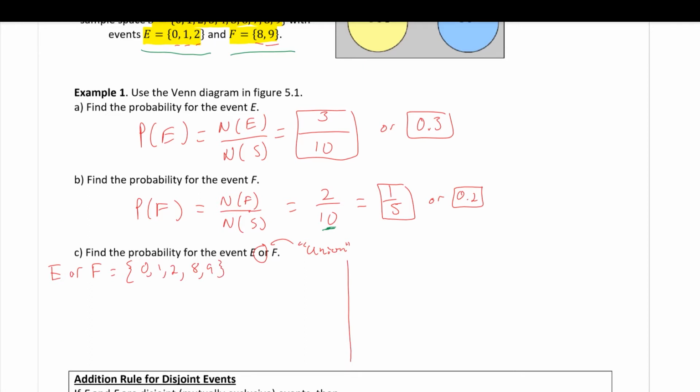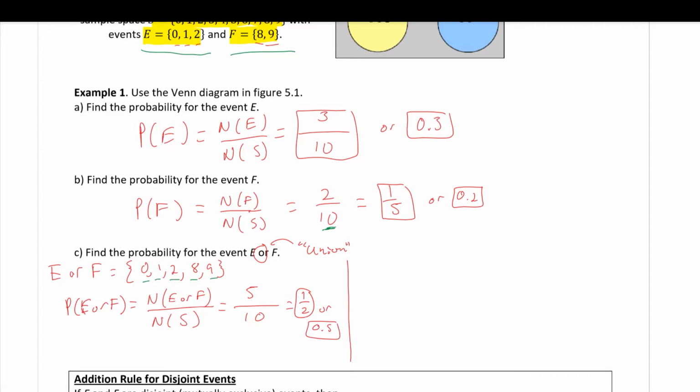And if we're looking for the probability of E or F, well, that's the number of elements in E or F over the number of elements in our sample space. Sample space, again, is 0 through 9, so that's 10. And in E or F, we just have to count those. That's 1, 2, 3, 4, 5. So that's pretty straightforward. Okay, 5/10 is 1/2. Or, of course, 0.5 in decimal.